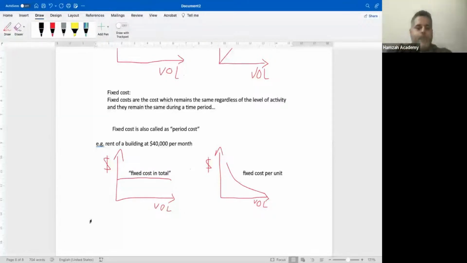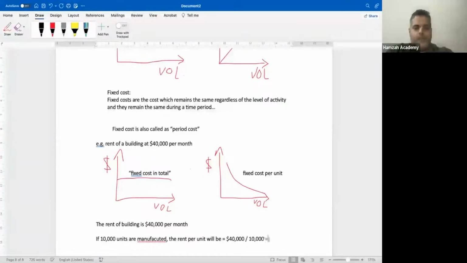Like for example, I said earlier the rent of the building is 40,000 per month. Now, if 10,000 units are manufactured, the rent per unit will be 40,000 by 10,000, that is $4 per unit, right?